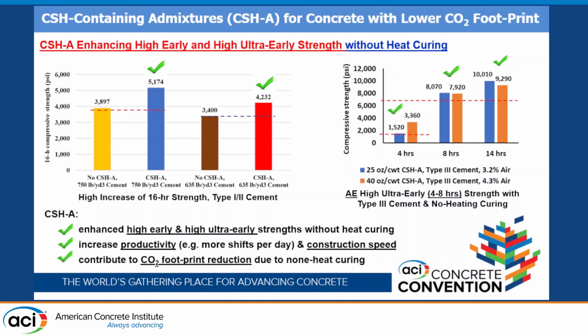So we can conclude that CSH containing admixture enhances high early and high ultra early strength without heat curing. It increases productivity, which means more shifts per day, or can increase construction speed. Certainly it contributes to CO2 footprint reduction due to non-heat curing.